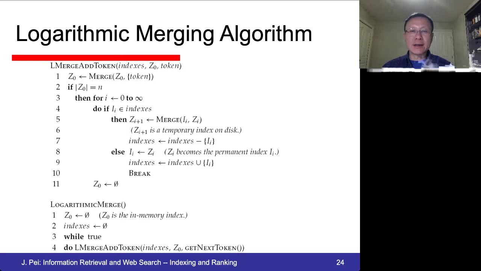So whenever a new token gets into the system, we try to find a home for this new token. We start from the main memory, Z0, and if Z0 has space, we locate this token there. Otherwise, we move down to the different levels until a level has space, and then we add this token there.